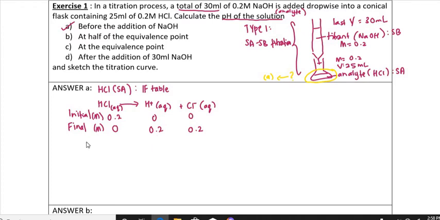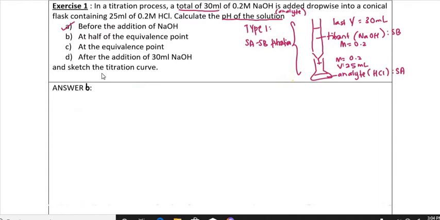So for this case, from the ICE table, concentration H plus is 0.2. Thus, pH can be written negative log concentration H plus, negative log 0.2, and you get the answer is 0.70. This is pH before added NaOH.